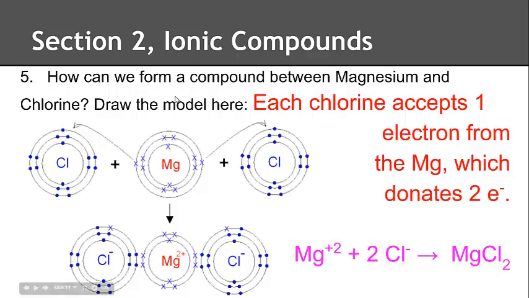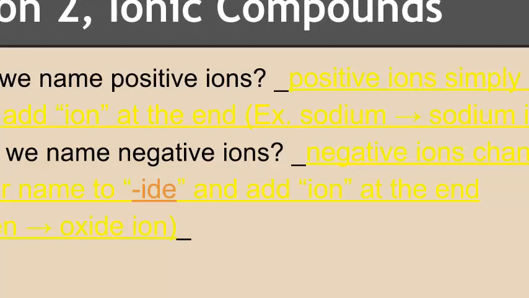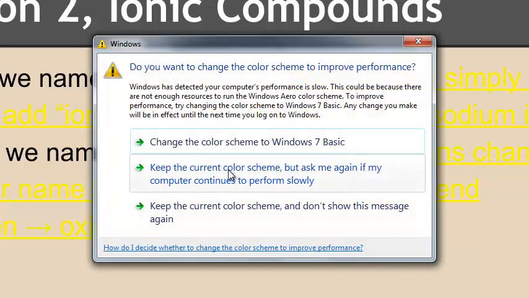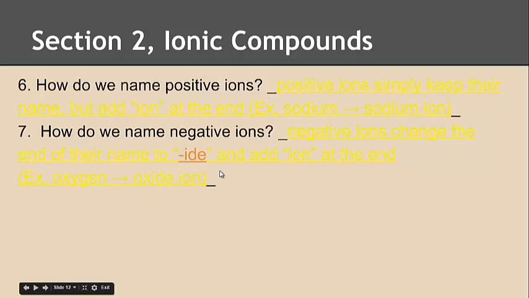Now, as we continue through your note pack, question number 6 has to do with naming positive ions. First of all, when we have positive ions, specifically the metals, those that are on the left side of the chart, we leave the name the same.